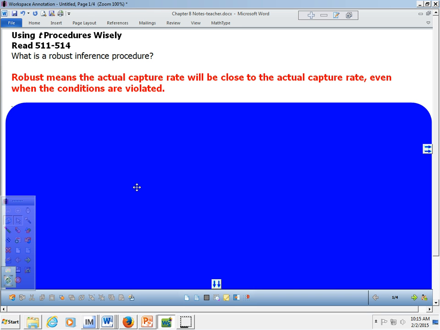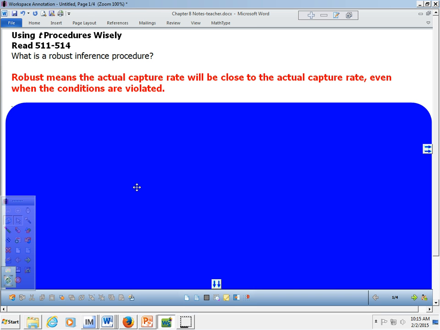Now, for one sample Z intervals, where we're trying to estimate a population proportion, those procedures are not robust. Especially in terms of the normal condition, if the sampling distribution is not approximately normal, then a 95% confidence interval will have a much different capture rate than 95%.